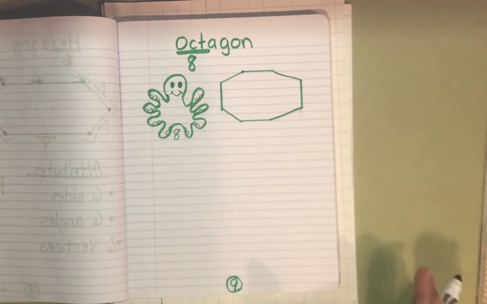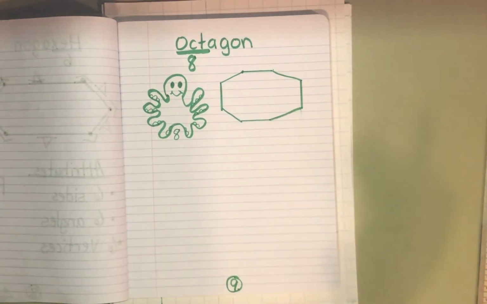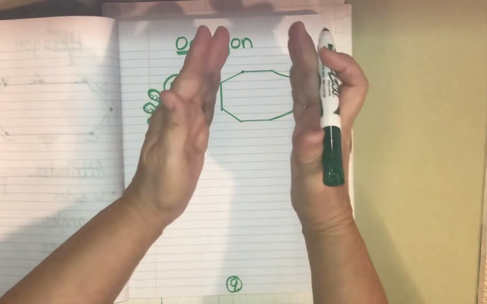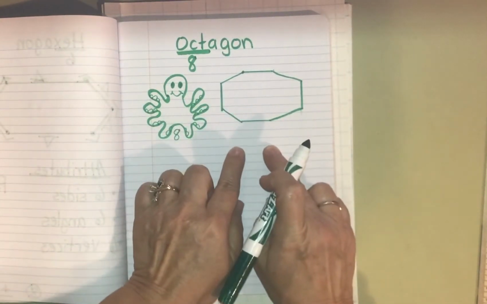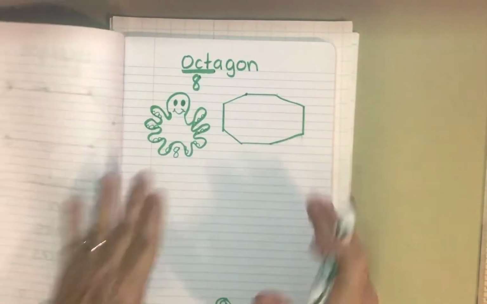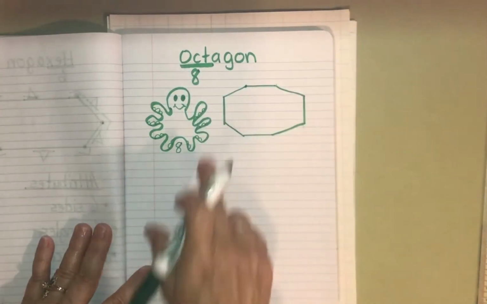It doesn't look exactly like a stop sign, but octagons are exactly the shape that they use when they make a stop sign. So what probably would have made it look more like a stop sign is if I were to have drawn that line down here. So it would have been a little bit bigger instead of so wide. Okay, but that's okay because it's still an octagon.